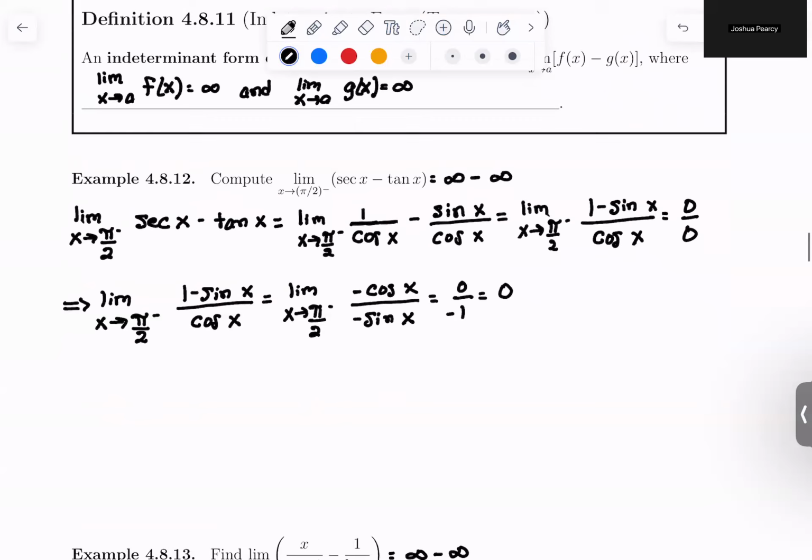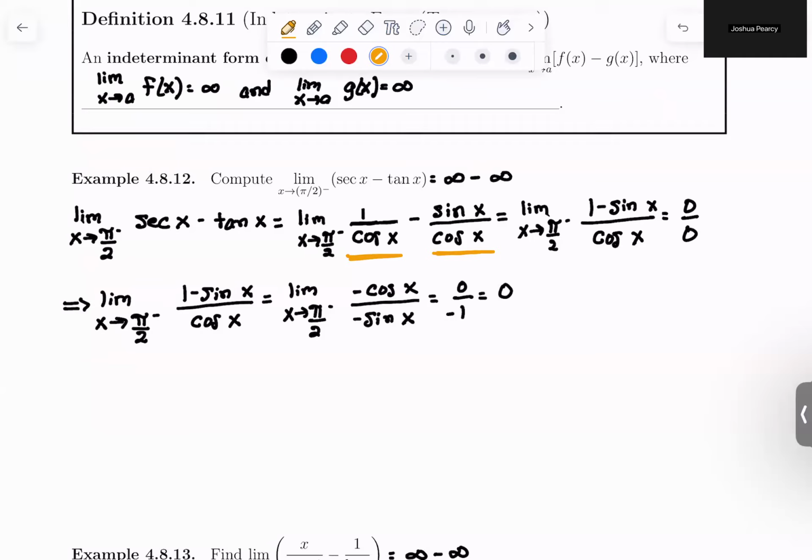So we want to rewrite secant x as 1 over cosine x, and then write tangent x as sine x over cosine x. Now we have a common denominator of cosine x, so we can just take 1 minus sine x.